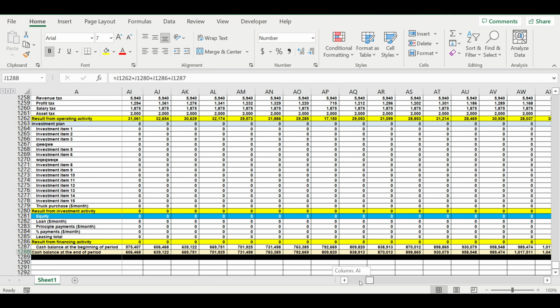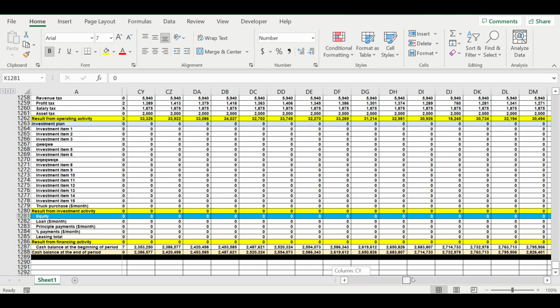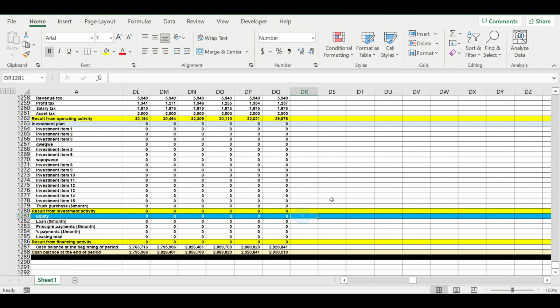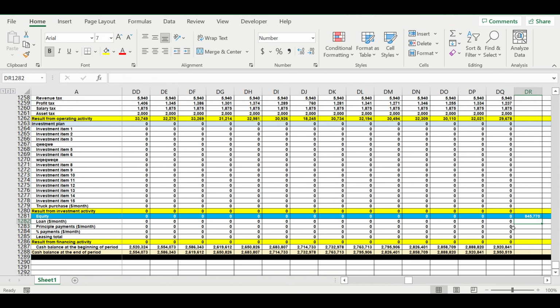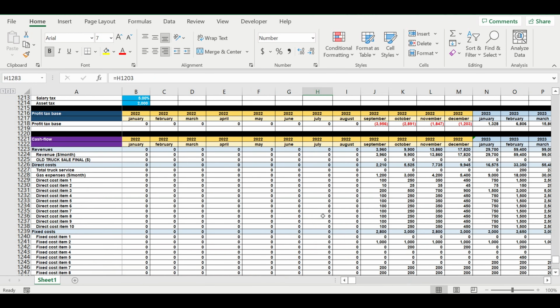We can also go line to the end, we can create a total for this line. So this is the amount of money that we need from our pocket. For example, we will add a loan to our project. We can, for example, take a loan in June 2022.